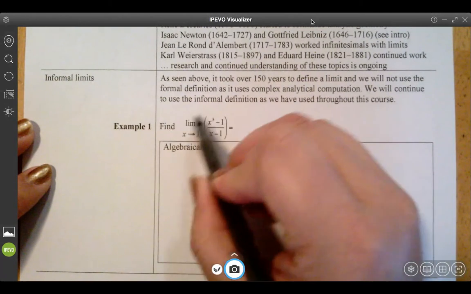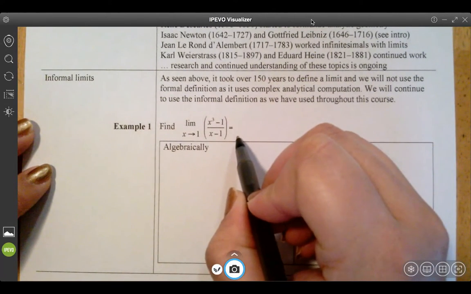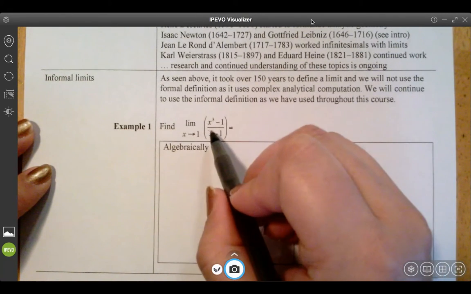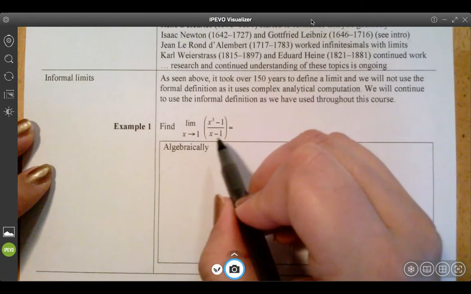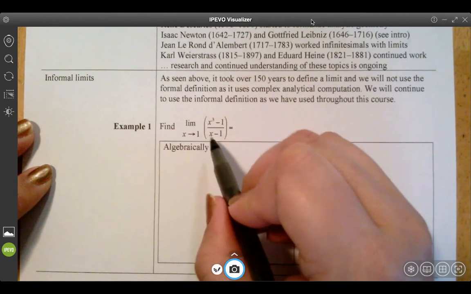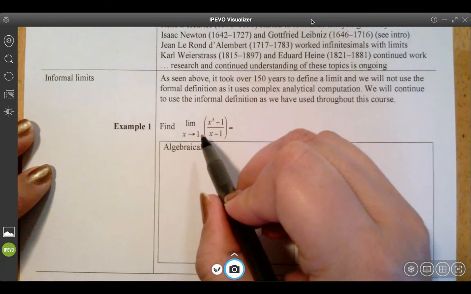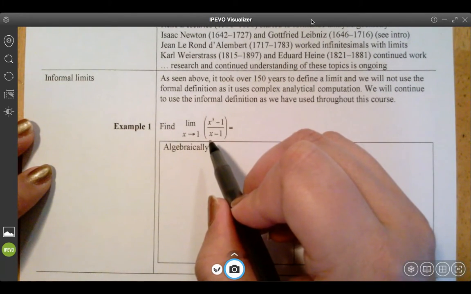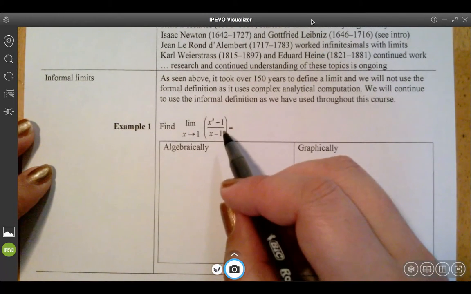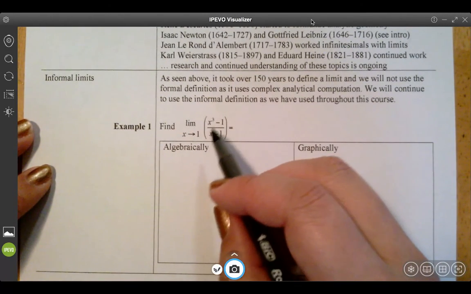To find the limit of this function algebraically, like we did back in chapter 2, we have to simplify the argument. We have to simplify this function so that it is defined when x is 1. So right now, the function is undefined when x is 1. And so in order to find the comparable function that is defined at that point, we have to factor the numerator.